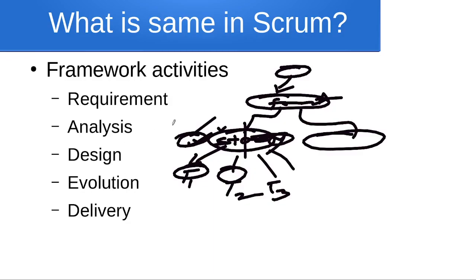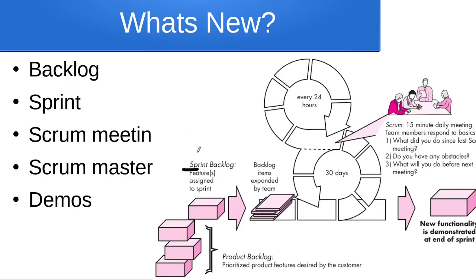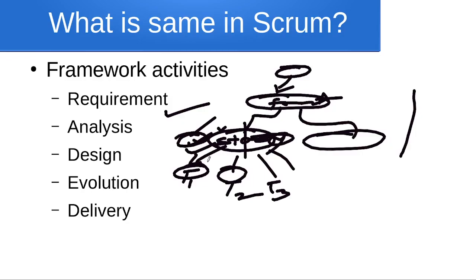So here, what I understand is you have to gather the requirement. Once the requirement is gathered in terms of stories, you will have to divide them into tasks, at that time or later on, whatever you plan.